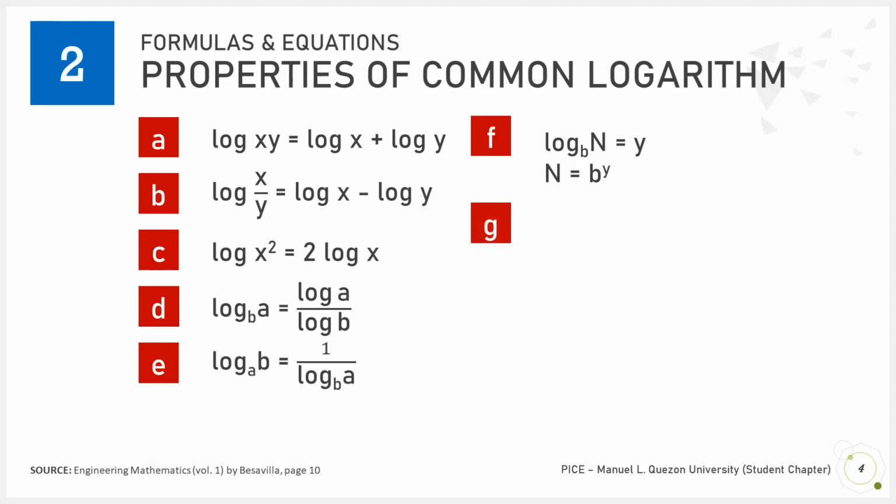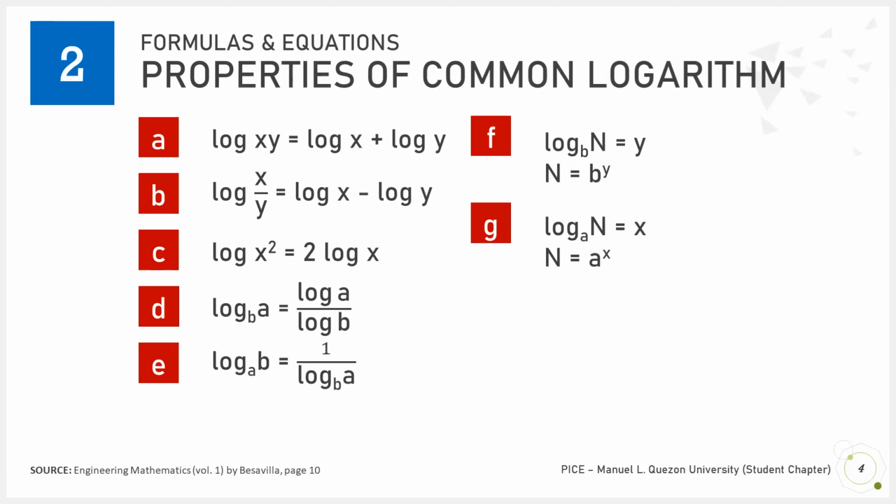And then for letter G, it is similar with letter F kasi nagkaiba lang yung representation ng base tsaka ng exponent. So again, yung argument natin, which is n, will be placed sa left side ng equation, and then yung x naman will become the exponent of our base, which is a.